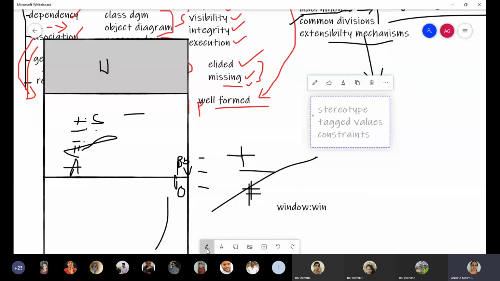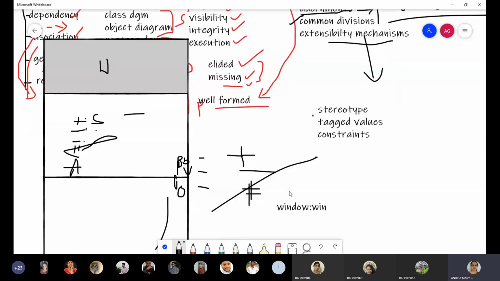When we want to extend some vocabulary, if the vocabulary has to be extended, then we use stereotypes. Tagged values are used when we want to extend the properties.